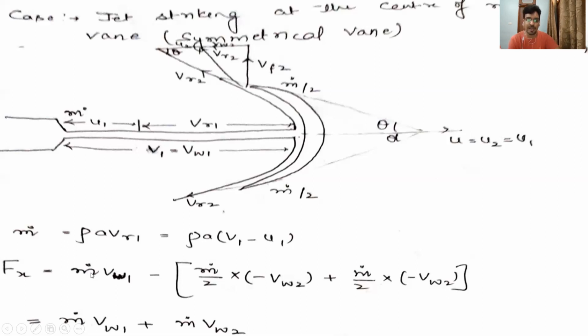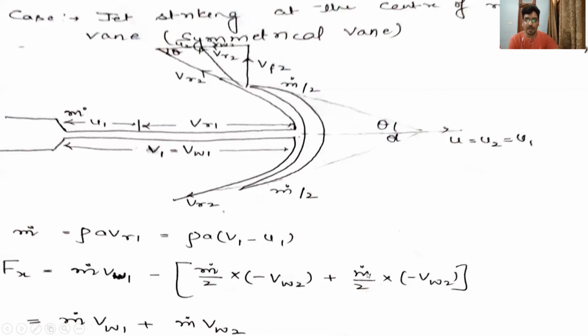So we can write m dot into VW1. This is the initial momentum minus what will be the value of final momentum, that is m dot by 2 into VW2.